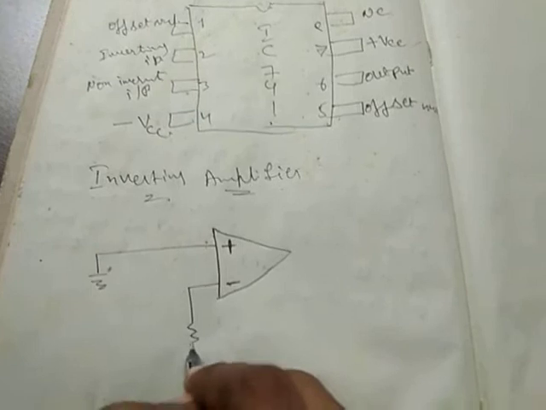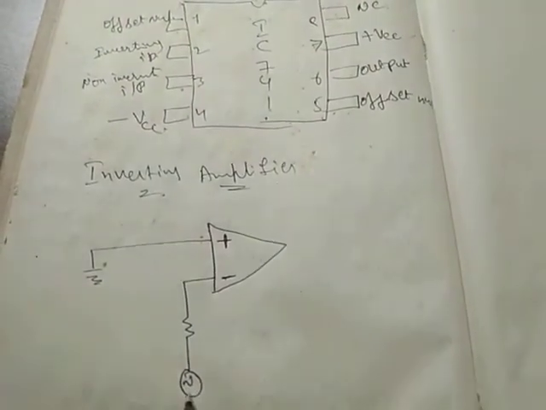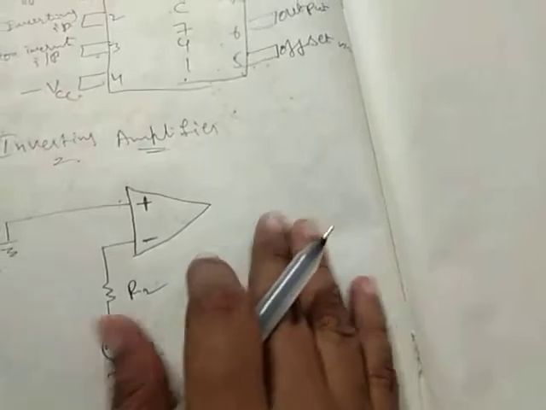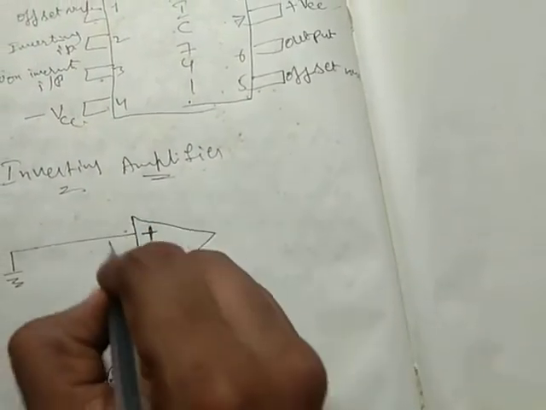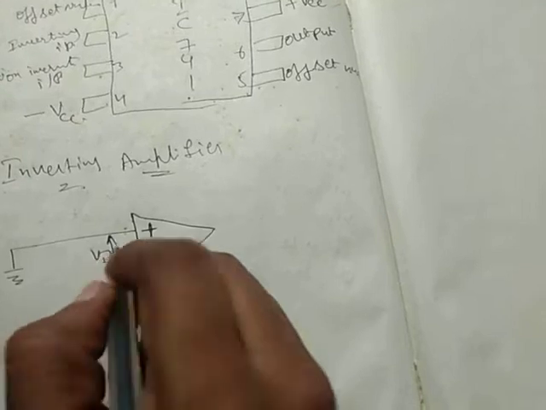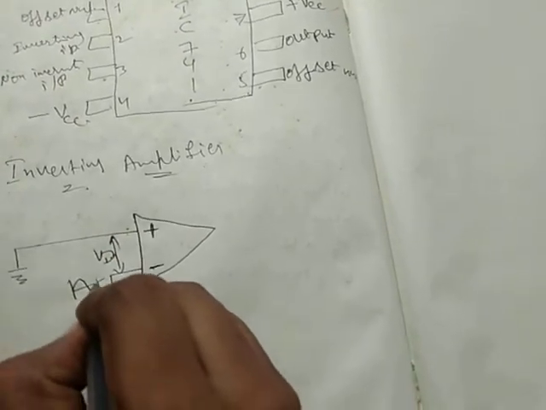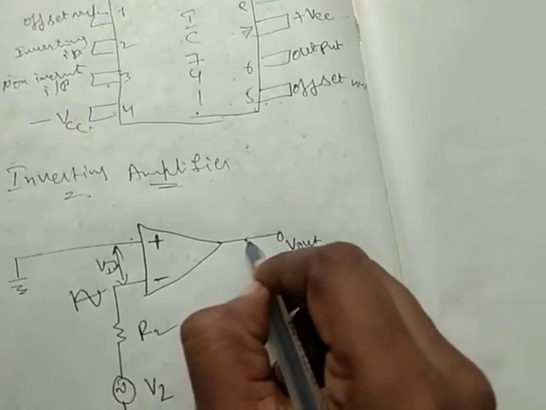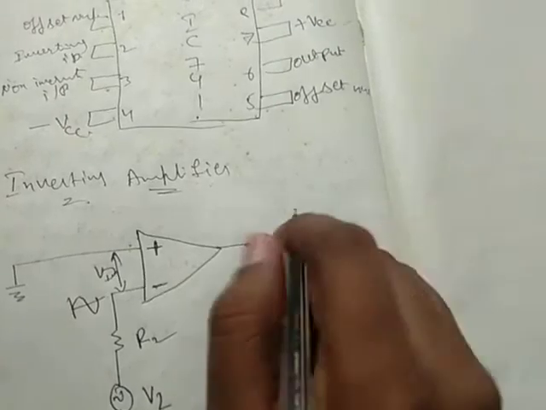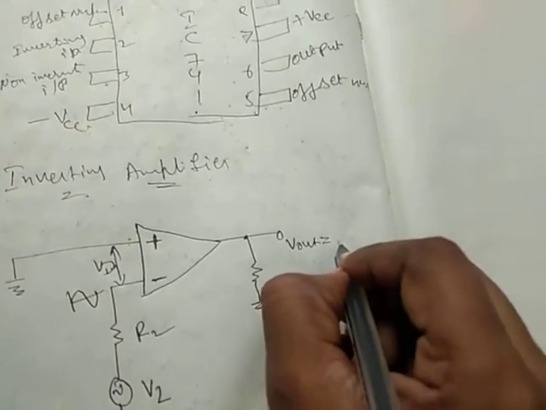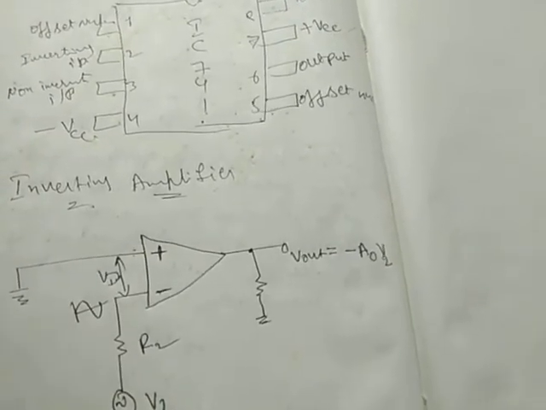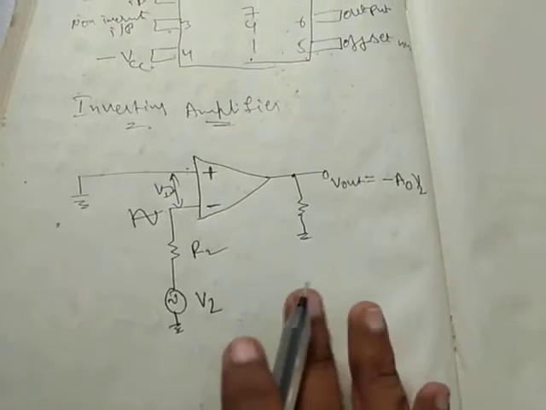Inverting means here we are applying voltage V2 through R2, and this is VD, the differential voltage. This is V out and this is the ground. V out equal to minus A naught V2.